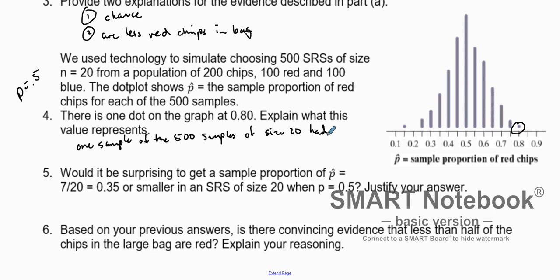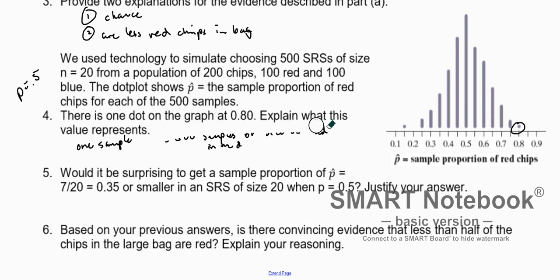Well, if we take 20 times, what's 80% of 20? Well, it's going to be 16, right? So one sample of the 500 samples in the distribution, I'm going to put that in the distribution.